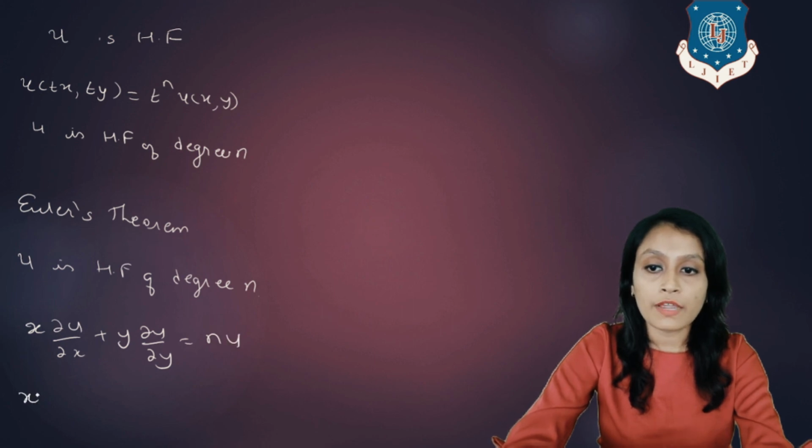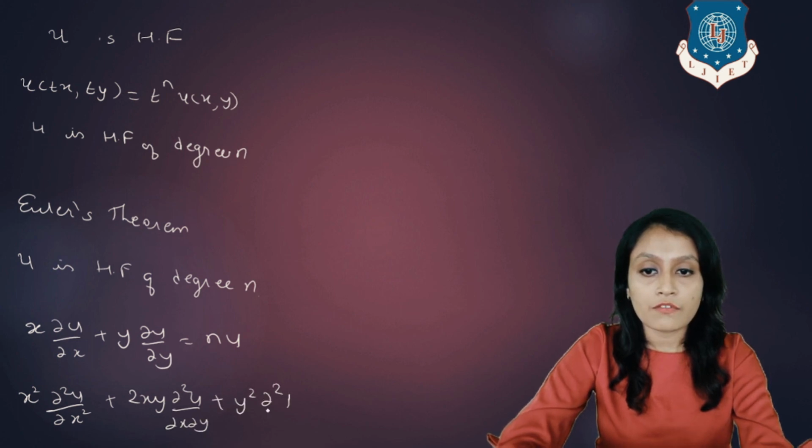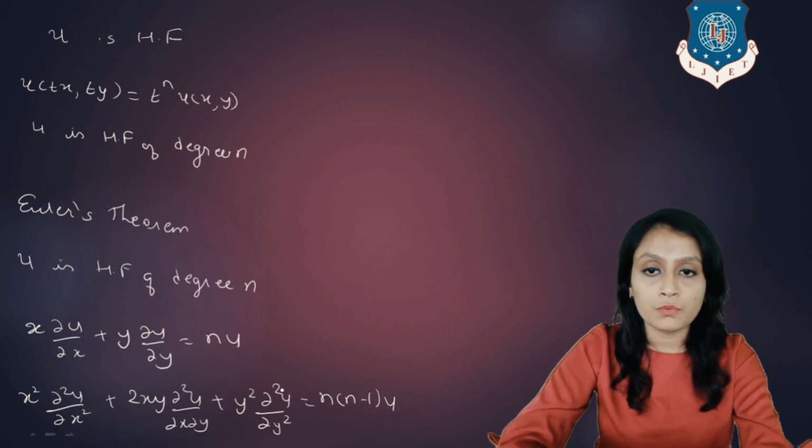And if we want to find this x square del square u by del x square plus 2xy del square u by del x del y plus y square into del square u by del y square, so answer will be n into n minus 1 u.